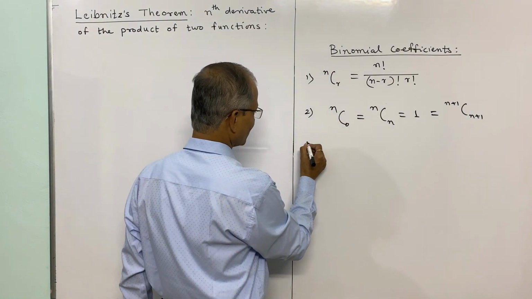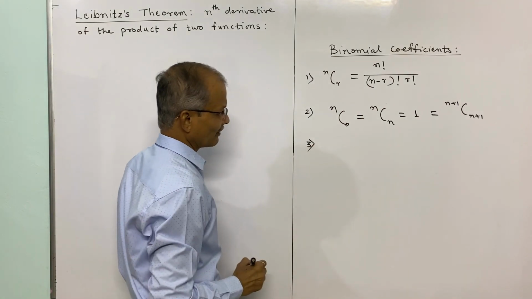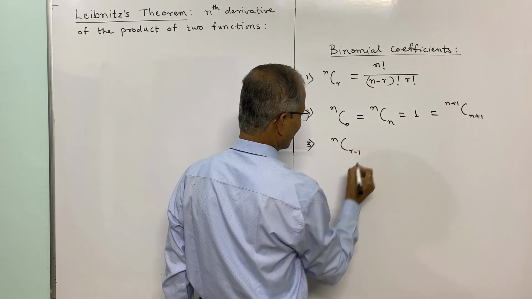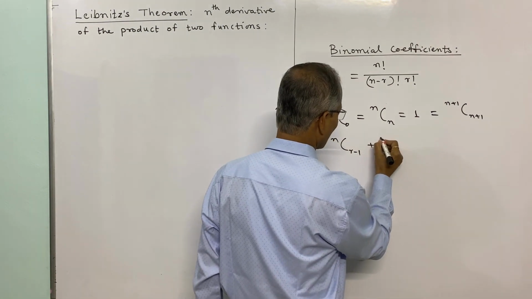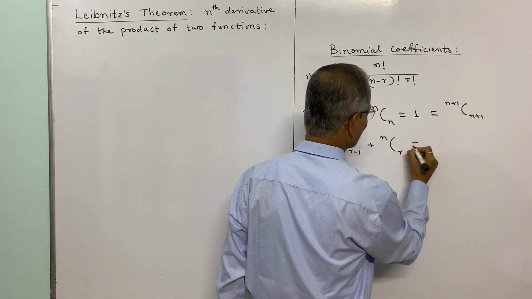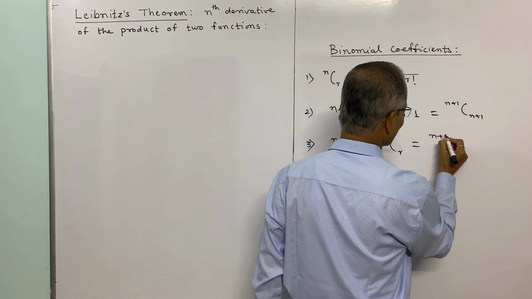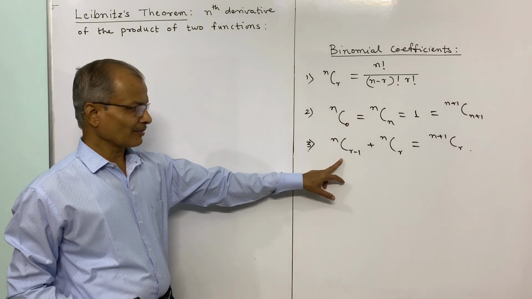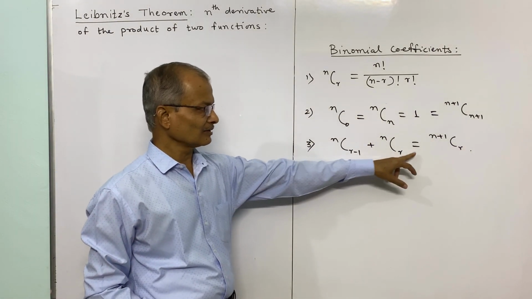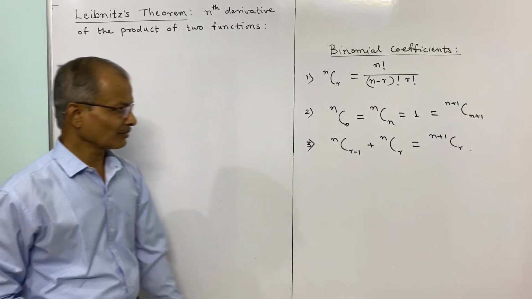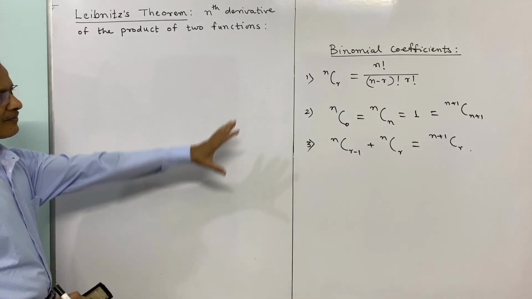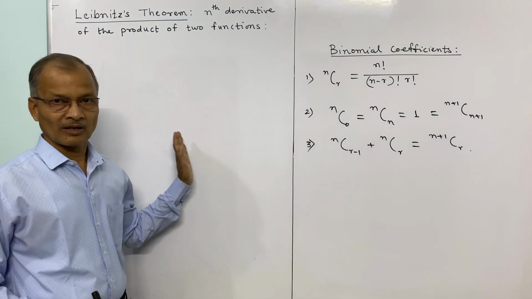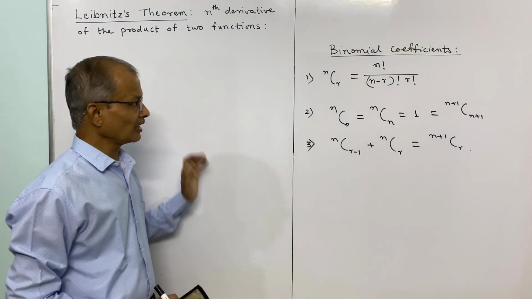And one more relation we shall require: n choose r minus 1 plus n choose r is equal to n plus 1 choose r. That is, nC(r minus 1) plus nCr is equal to (n plus 1)Cr. These are some formulae we have to use to prove the Leibniz theorem.